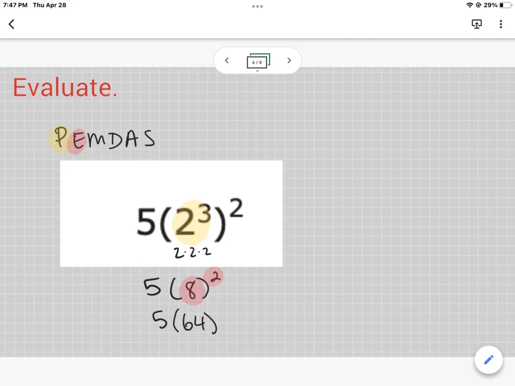And then last but not least, I would do multiplication, and the thing that's being multiplied is 5 times 64. So 64 times 5, and I would do 5 times 4 is 20, carry the 2, and then 5 times 6 is 30, plus 2 is 32, for a final answer of 320.